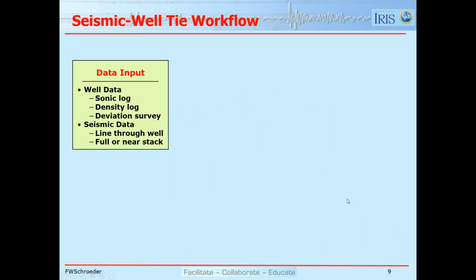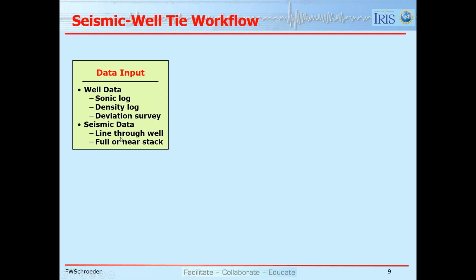Let me talk a little bit about the workflow. Our input data, we need some well data. In particular, we want the sonic log. We would like the density log as well if it's available. And if it's not a vertical hole, we need the deviation survey so we know what the actual wellbore path has been.